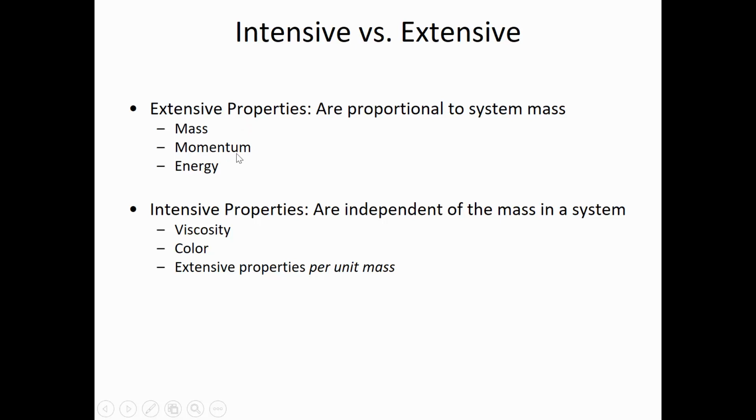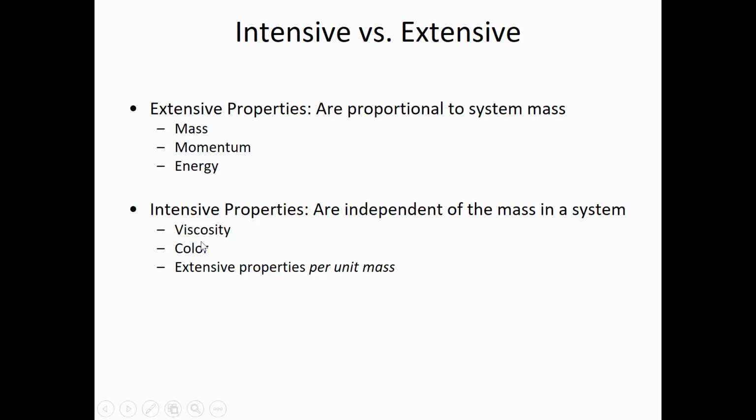Like we looked at the video of the water discharging from those big 19-foot diameter pipes. How much momentum is being exerted on the stream that receives that discharge is proportional to how much mass is coming out of the pipes. On the other hand, there are certain properties that are independent of how much you have.